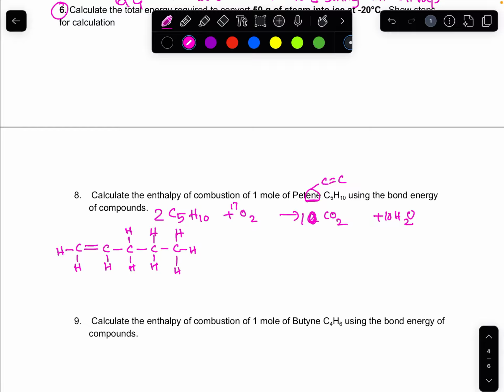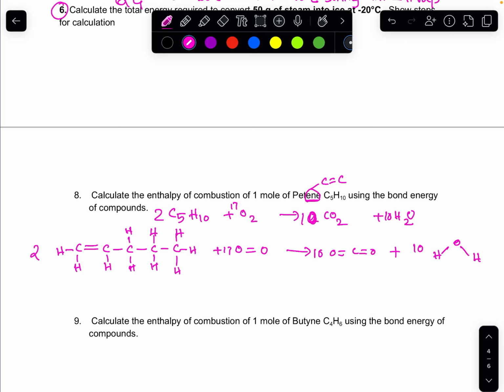So it is 3, 5, 8, 3, 5, 7, 10. Okay, that is right. Then oxygen is O double bond O, and remember there is 2 of this and 17 of this, and then 10 CO2. CO2 is C double bond O. Then there is 10 of that plus 10 water molecules.